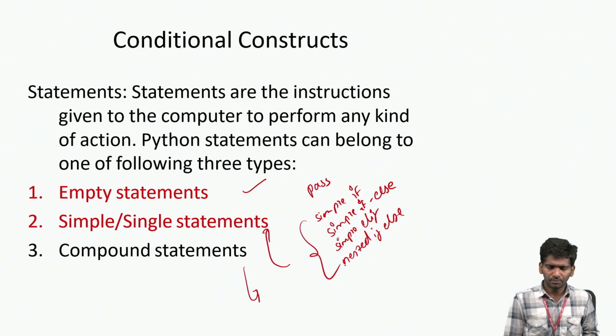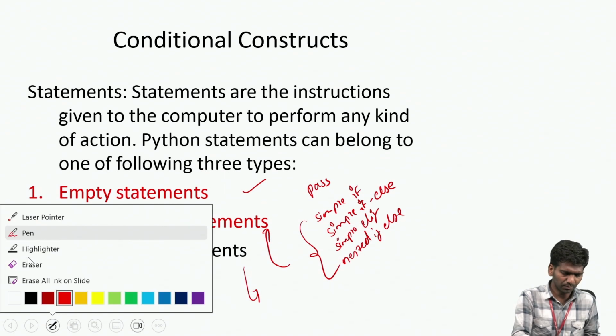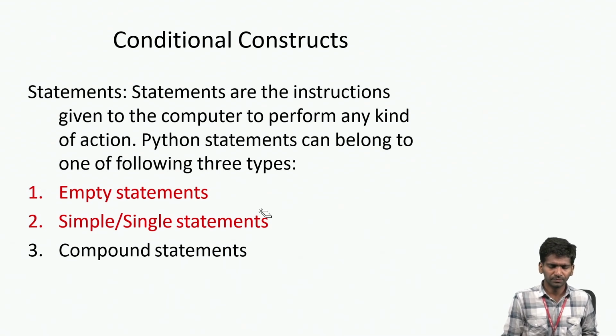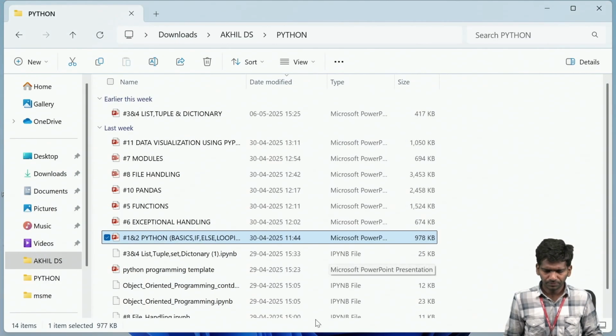So without getting much late, let us go for practical implementation and see some of the examples, starting from empty statements. We'll see what empty statements are, followed by simple statements.